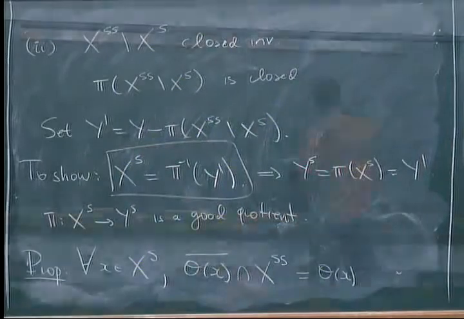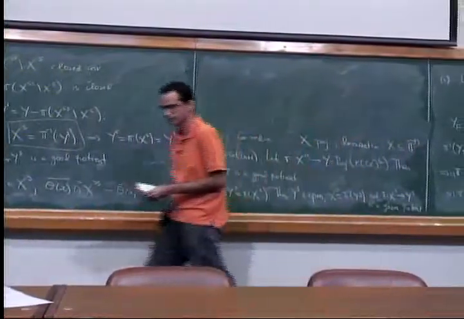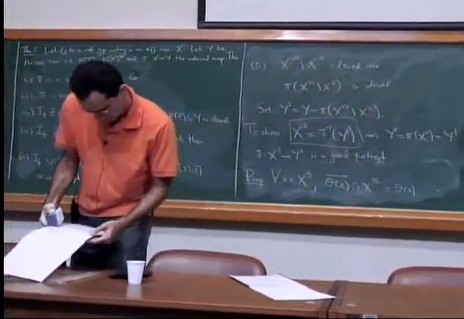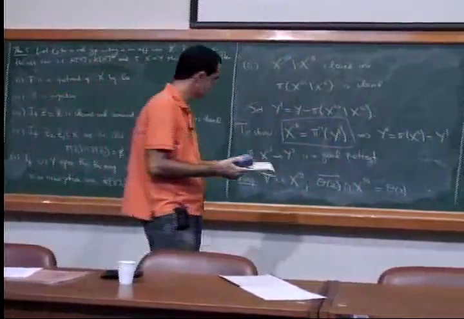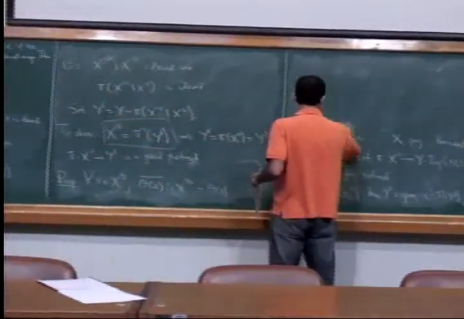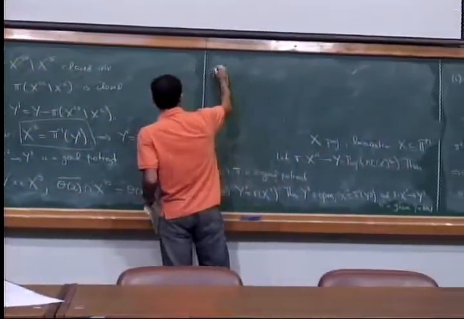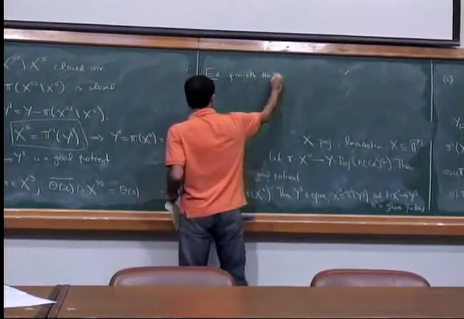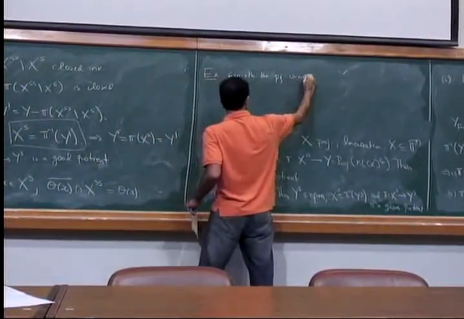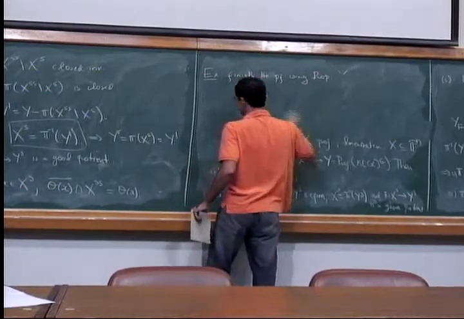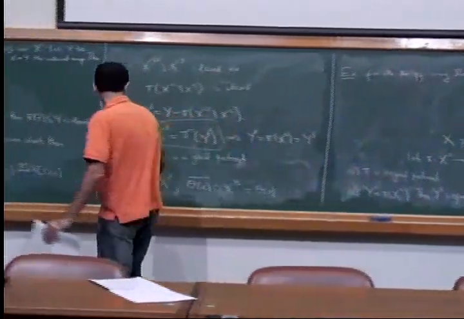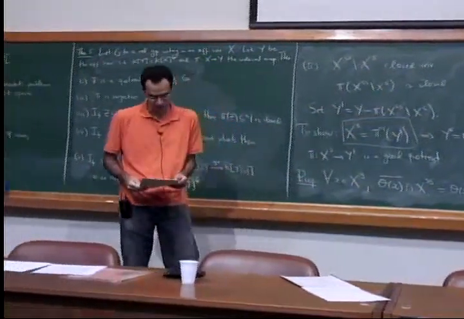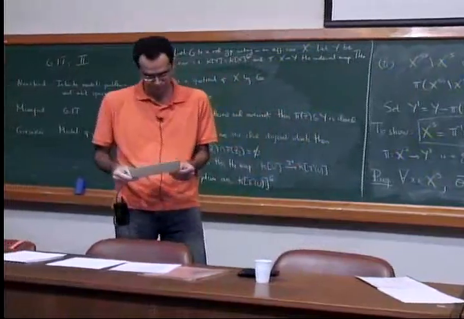And I have to finish 5 minutes before. So exercise, finish the proof using this. Okay, it's quite clear, at least this part here, because the orbits are closed, so that we have a geometric quotient. Okay? Okay, I finished.